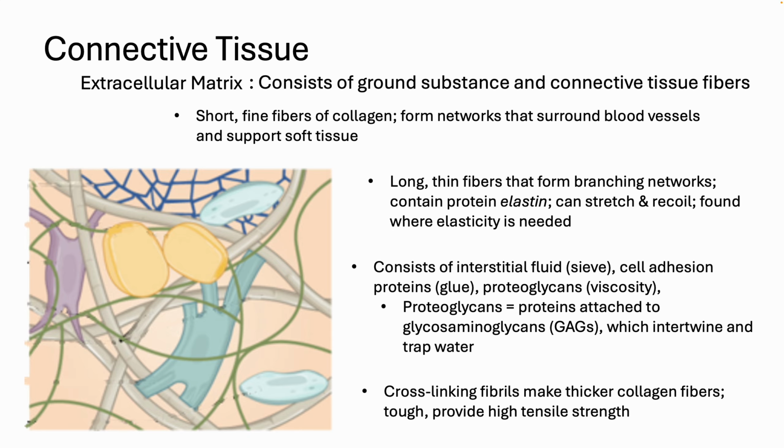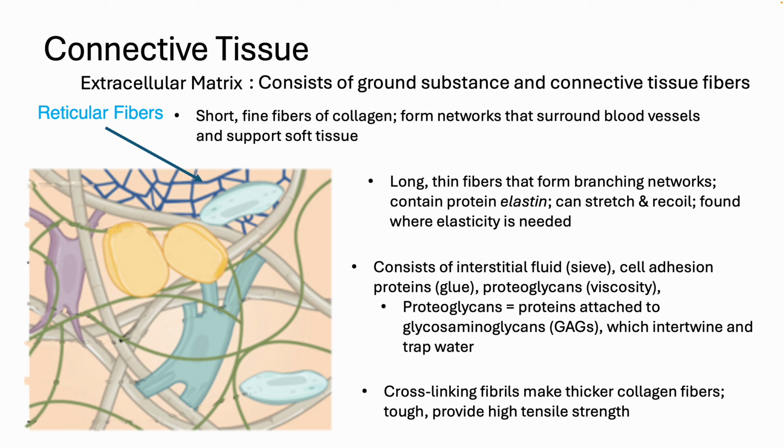All right, so the extracellular matrix is going to consist of ground substance and connective tissue fibers. Different types of fibers include reticular fibers, so these are going to be short, fine fibers of collagen. They form networks that surround blood vessels and support soft tissues.